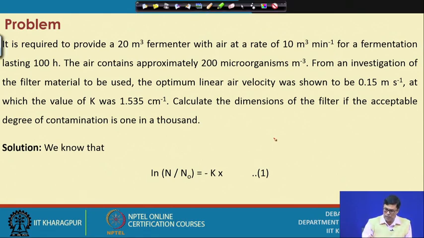If I calculate 10 cubic meter per minute, am I right? If you multiply it with 60, because one hour is equal to 60 minutes, then it will be very easy.